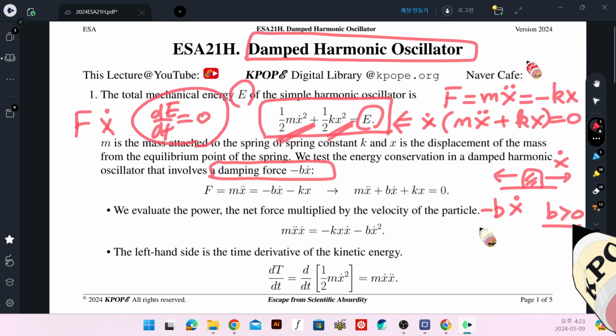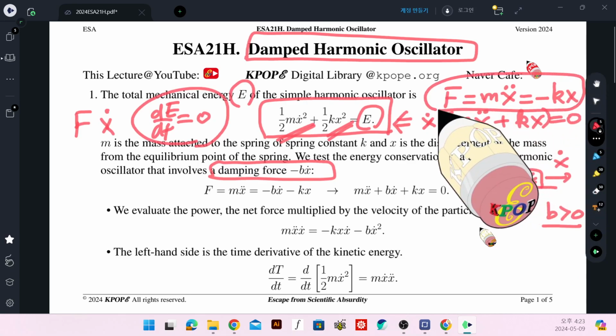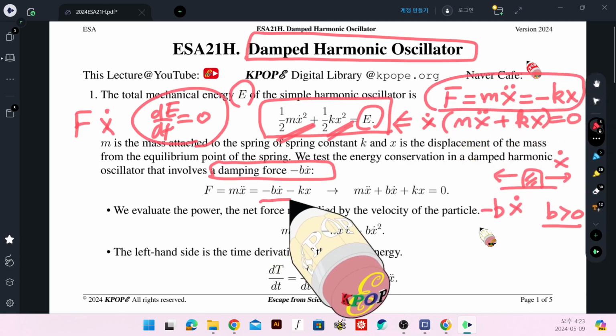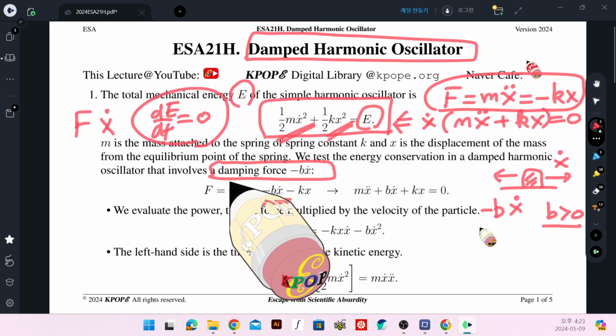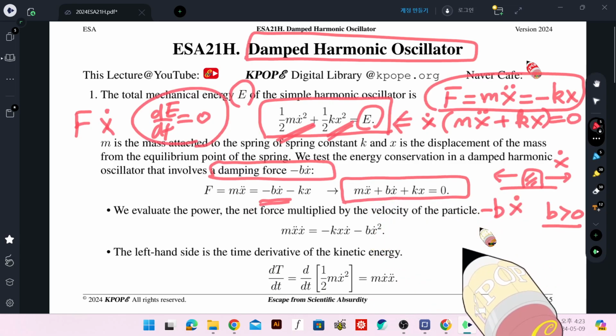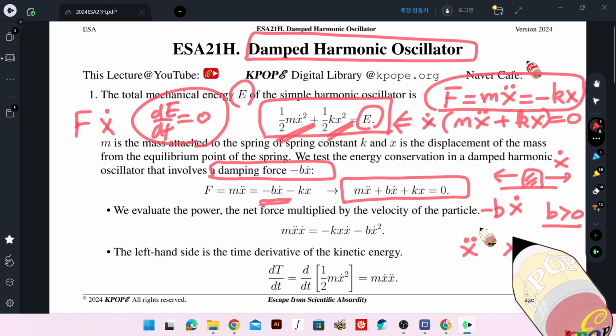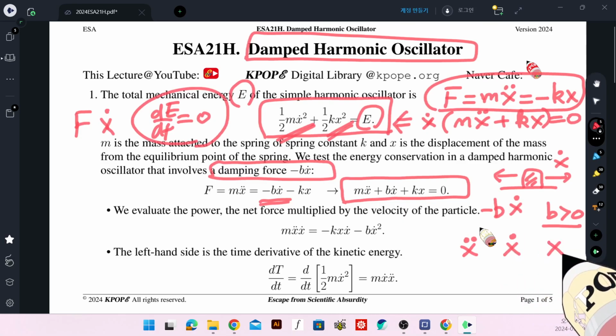So the equation of motion should be modified from the simple harmonic oscillator by adding an additional force, that is a damping force. This is a second-order linear differential equation because it is a linear combination of x double dot, x dot, and x.